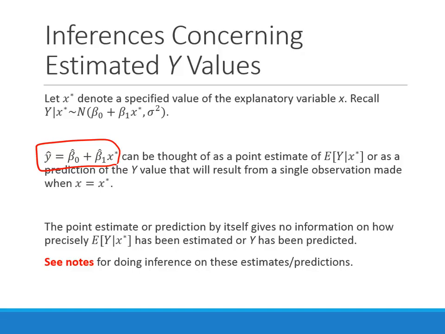But again, if I ask you to estimate or predict whatever y is for a particular x, call it an x star, you just plug that x value into your estimated regression equation. That gives you your point estimate. What I'm going to skip in the notes is how you would calculate confidence intervals for that. I'll let you guys take a look at that if you're interested.